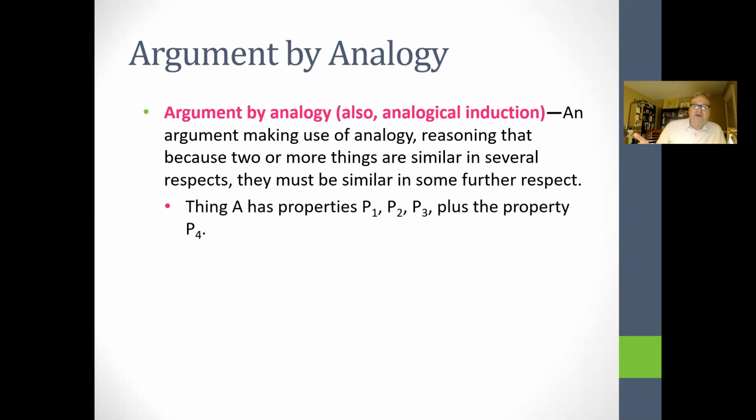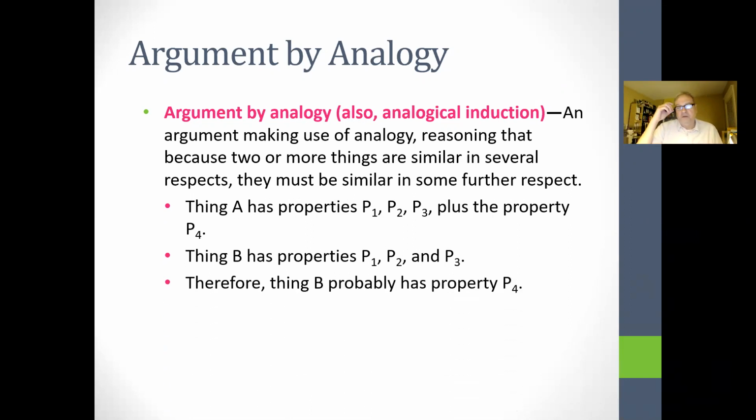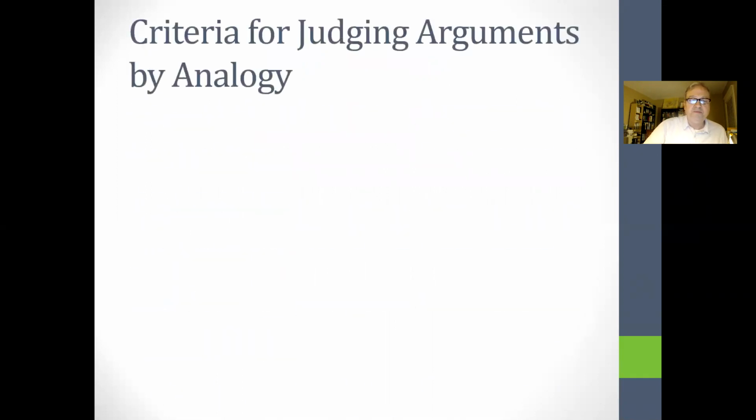Say you have a thing A that has three properties plus a fourth property, and then you have another thing, B, that has three properties. The argument by analogy will say, since both of these things have these three relevant properties in common, they probably have this fourth property as well.